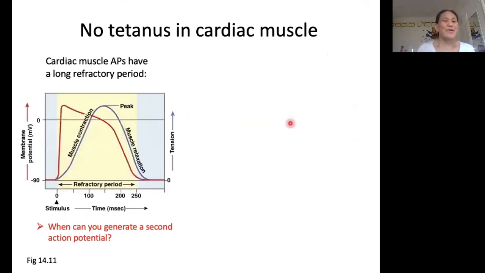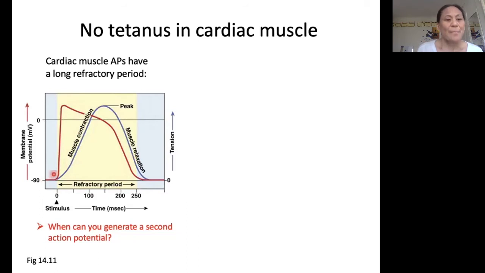However, if we look at cardiac muscle, you can see that this is not the case. We can't form tetanus, and I'm going to explain why. Again, we're looking at the same sort of graph, with time on the x-axis, the action potential in red, and the muscle tension in blue. Because we have this plateau phase in our action potential, which lasts 100 or 200 milliseconds, you have this whole long refractory period before you can have another action potential.